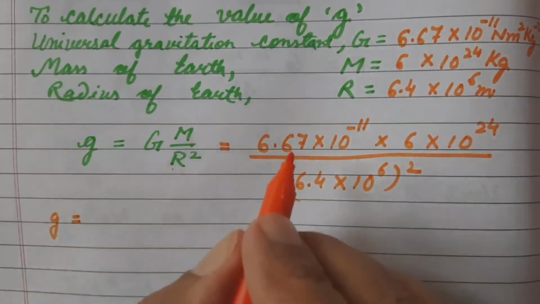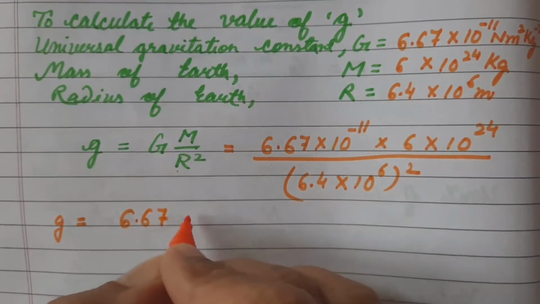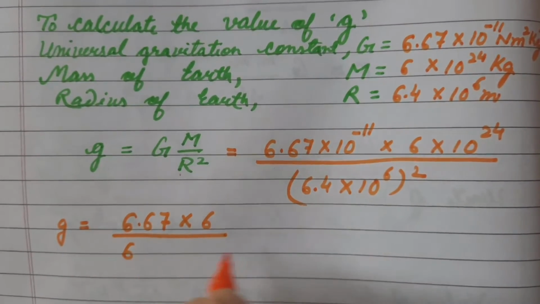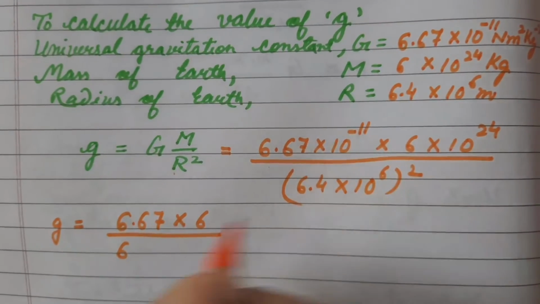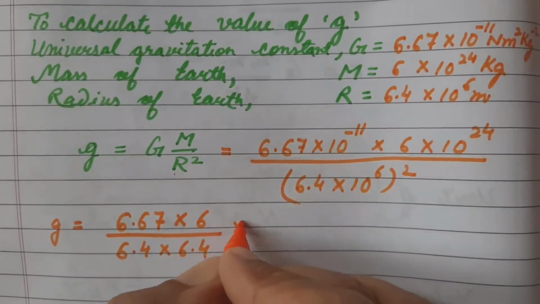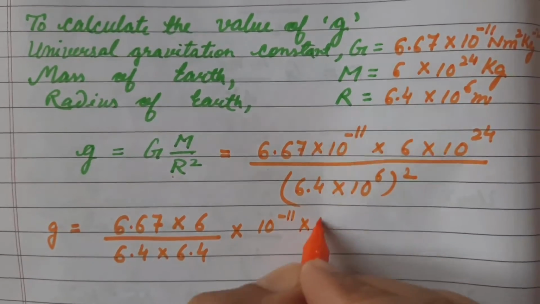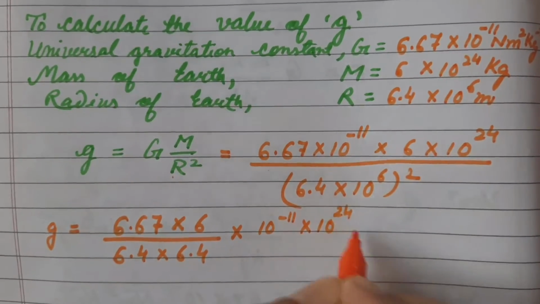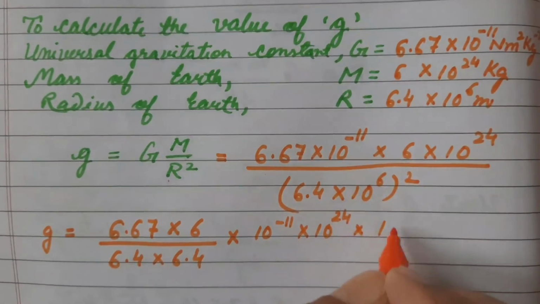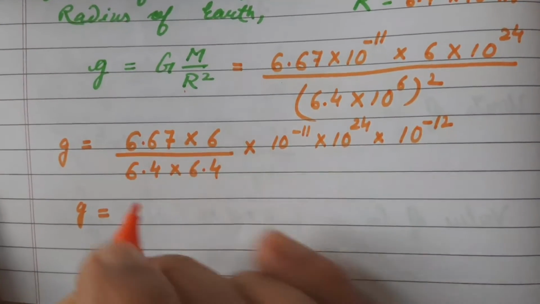So g equals 6.67 into 6 upon, we will write it 2 times because it is square, 6.4 into 6.4, into 10 to power minus 11 multiplied by 10 to power 24 into 6 to the 12, and it will become 10 to power minus 12.